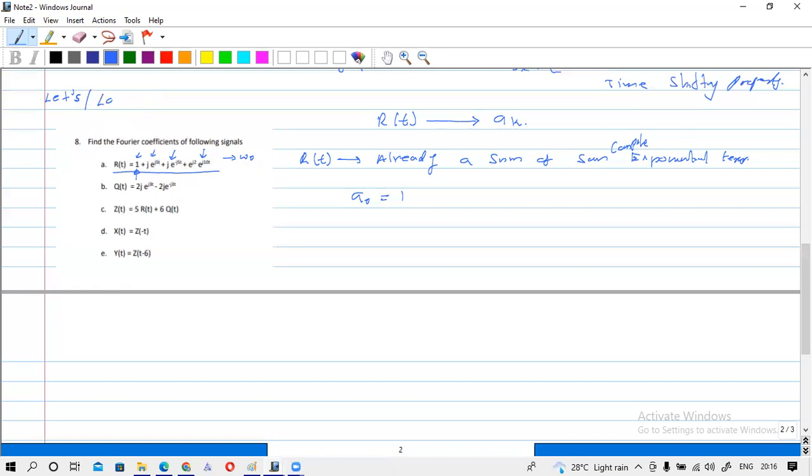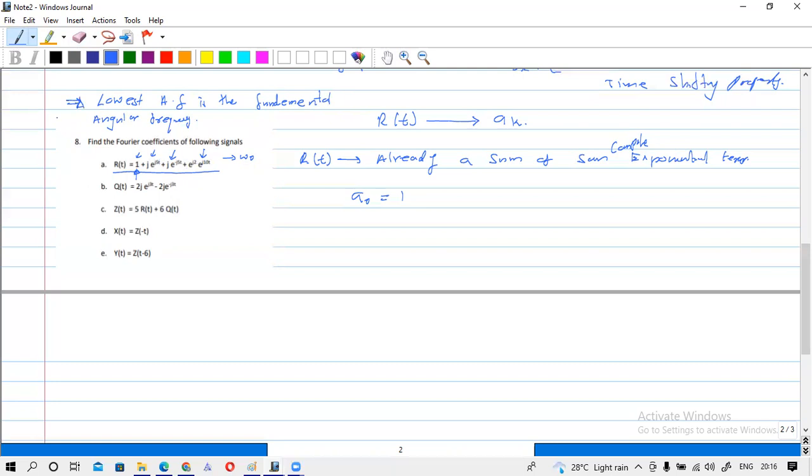So say that we are given that the lowest angular frequency is the fundamental angular frequency. Let's assume that this is already given.